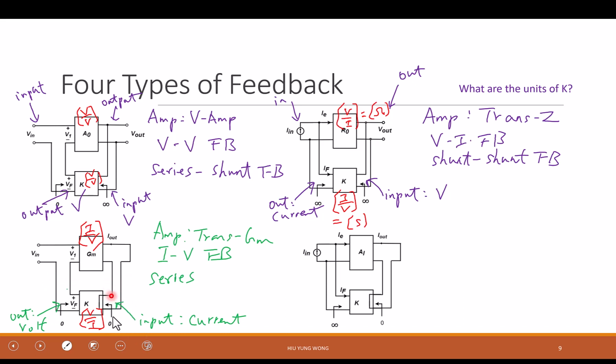Sensing means you're measuring the current. How do you measure a current? Do you use series or parallel? Series. And you look at it carefully: indeed, this current will go out and then go into here, and there's no branching. So indeed, it is series. So this is a series feedback. Make sense?